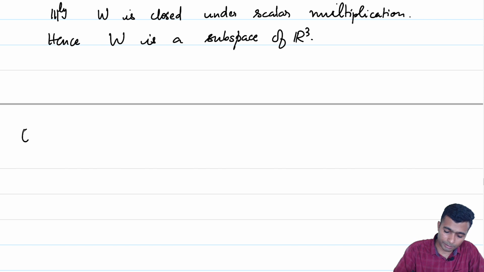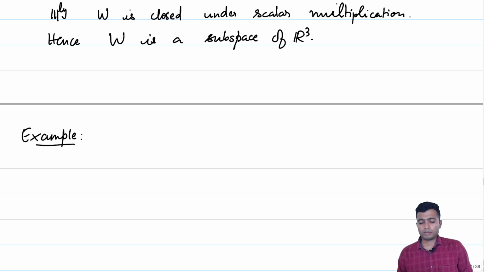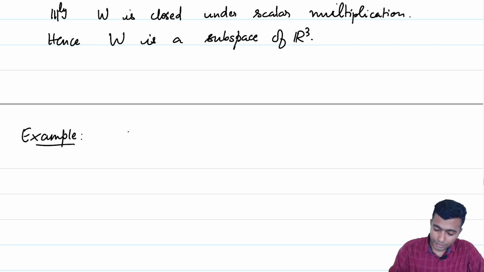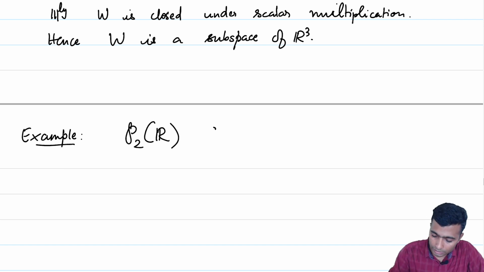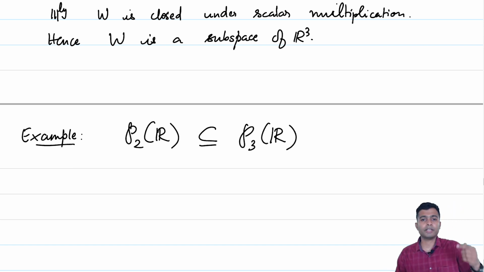Okay, let us look at another example. If you look at P2 of R, then it is a subset of P3 of R, right. Any polynomial of degree less than or equal to 2 will naturally be of degree less than or equal to 3. And if you recall how the addition operation was defined in Pn of R, it is just the usual polynomial addition and scalar multiplication.